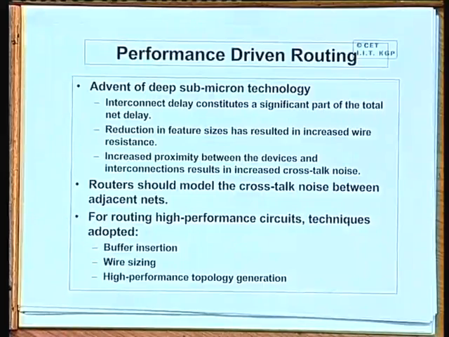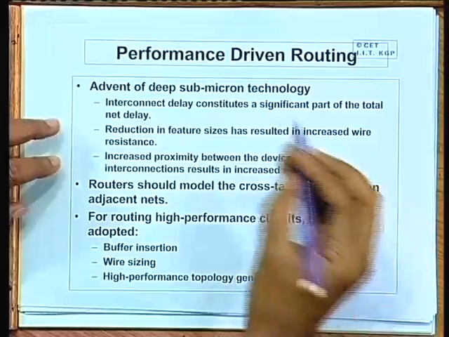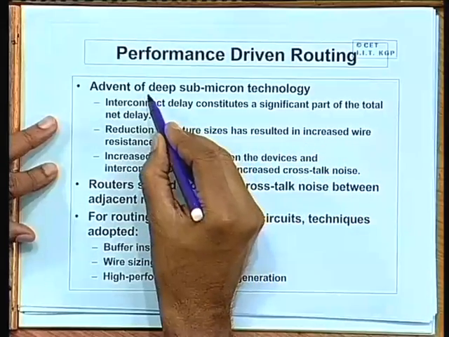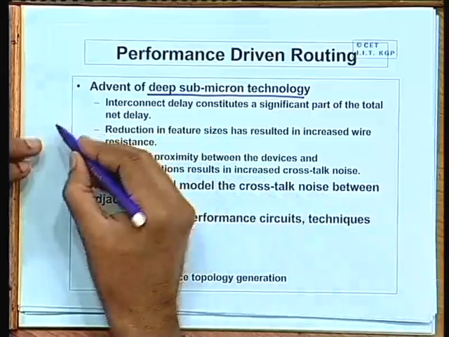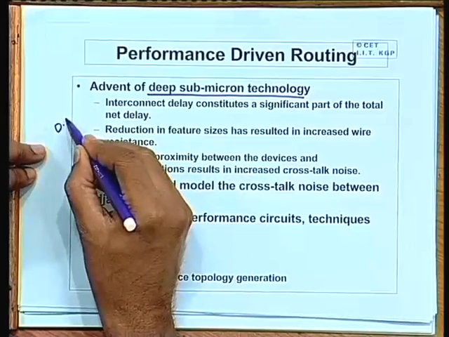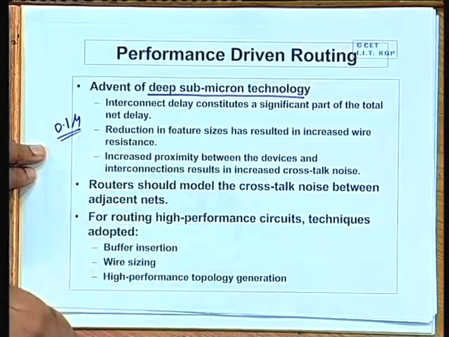Now just let me also mention something about performance driven routing, which people are talking about nowadays. This has become important with the advent of the modern deep submicron technology which we have now. Now we have technologies in the tune of 0.1 micron people are talking about.